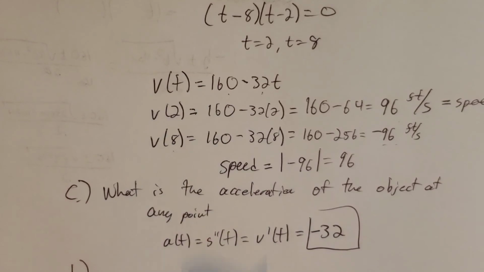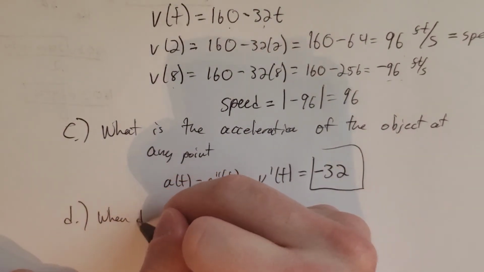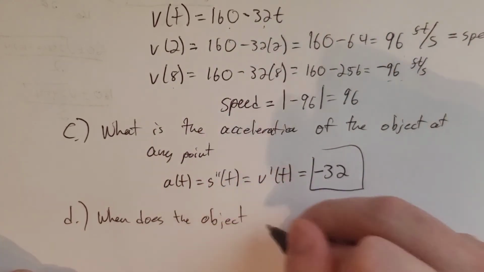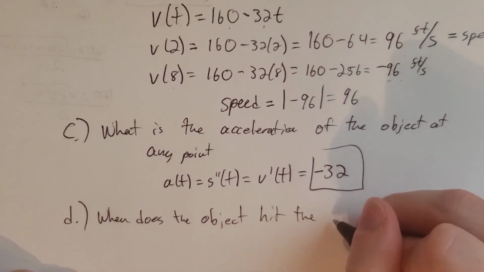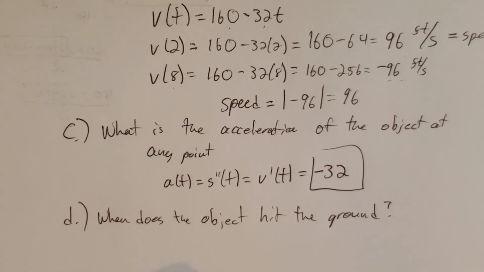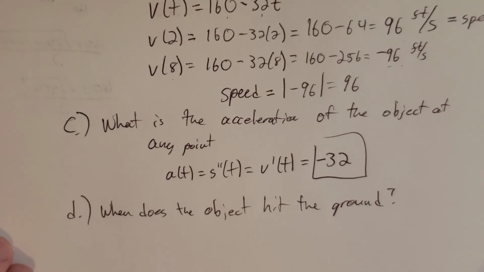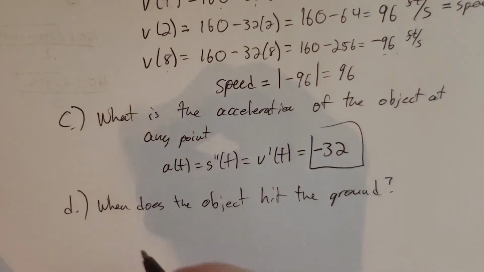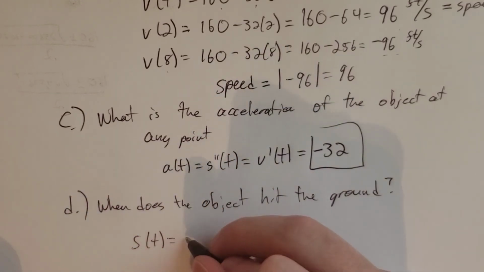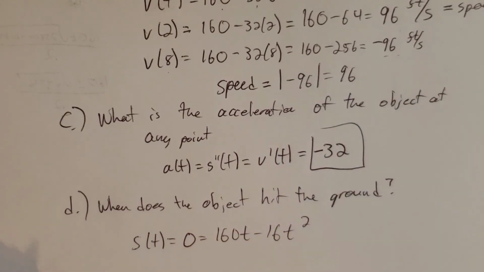All right, and what about a last question here? When does the object hit the ground? Well, the object hits the ground when the height is 0, right? So this is actually just going back and finding out when s of t is equal to 0, which is 160t minus 16t squared.